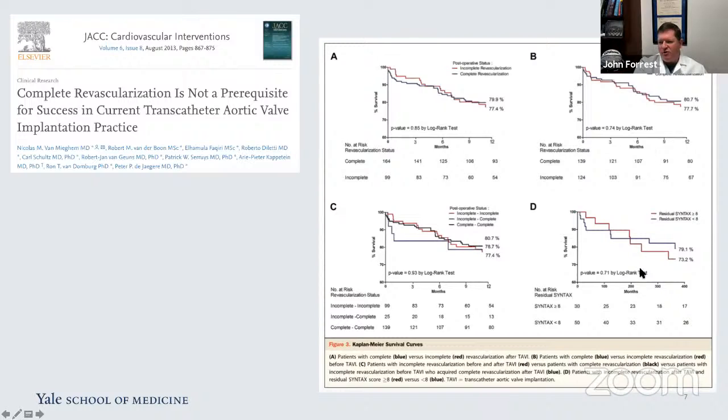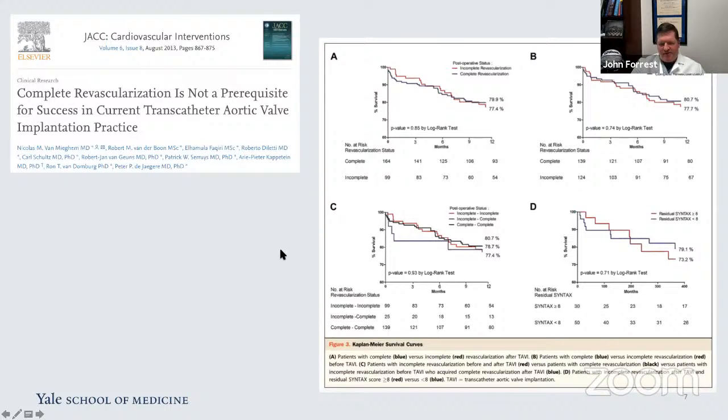I will note, if you look at D, what you see is as you move out further in months, there does appear to be some relationship to the SYNTAX score. So patients having more coronary artery disease and a higher SYNTAX score probably aren't doing as well later on. So, I think it's an important thing to note there.